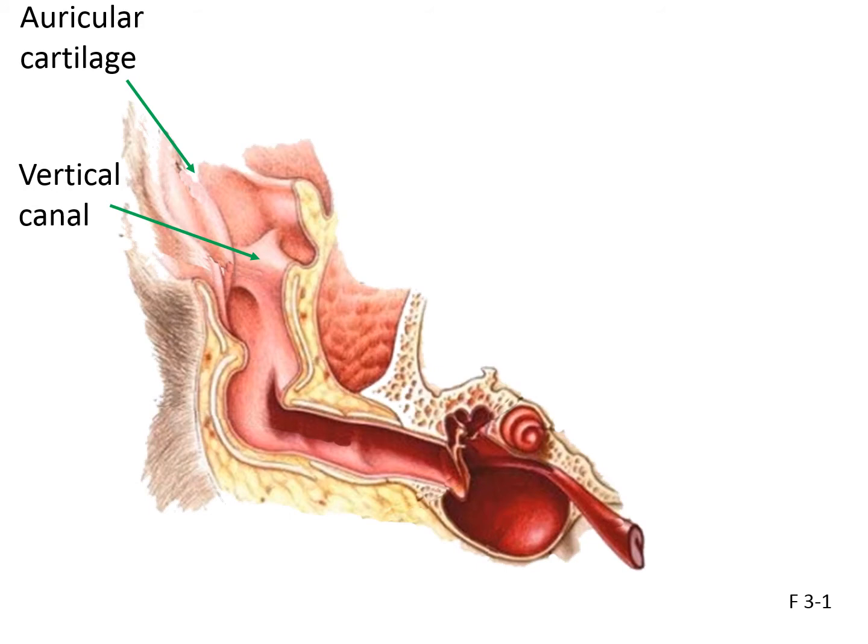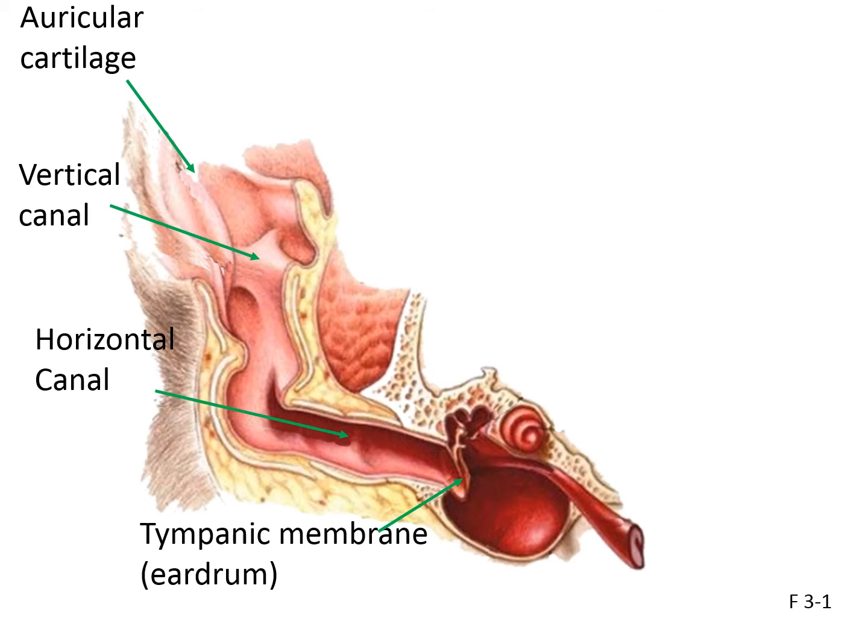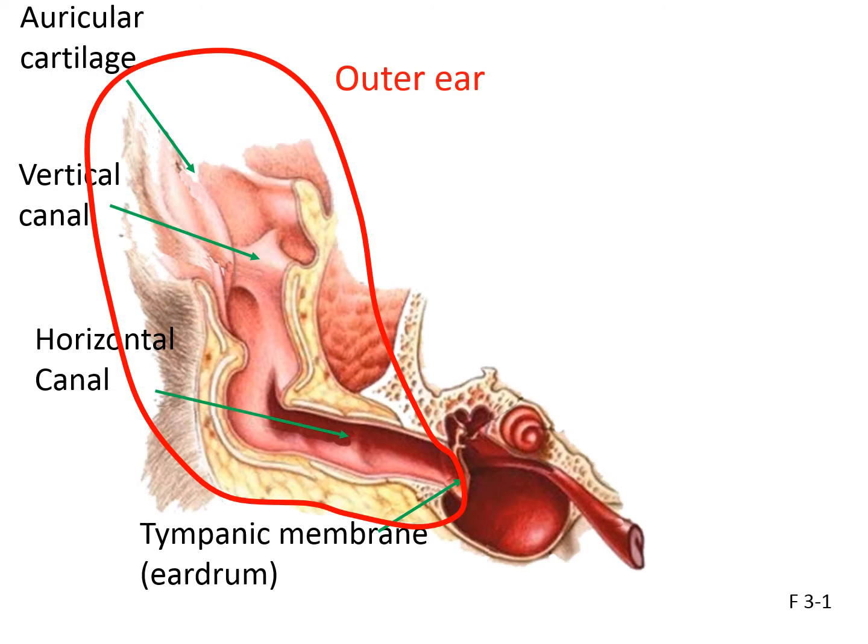The vertical canal brings the sound down to the horizontal canal, which finishes at the tympanic membrane, which, as we mentioned before, vibrates at the frequency of the incoming sound waves. All of these constitute the actions happening in the external or outer ear.